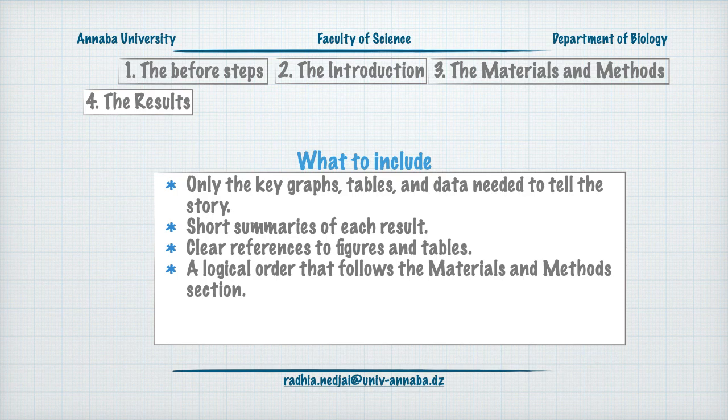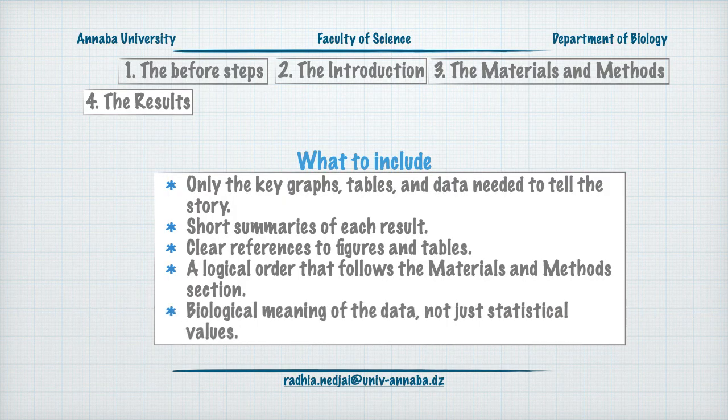The information should be organized logically, usually following the same order as the materials and methods section. And it's important to highlight the biological meaning of the data, not just statistical values. You should clearly describe the direction and the size of observed effects, while using statistics only as supporting evidence.